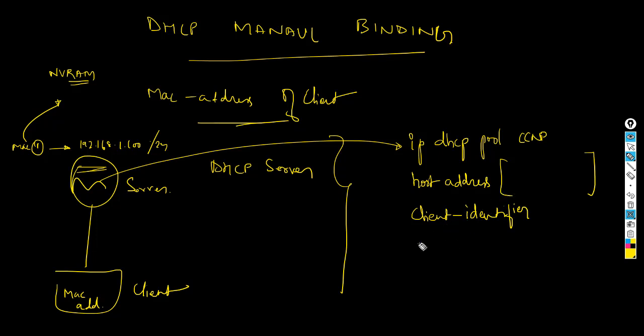And you can just give the client name so you recognize which host you are manually binding. So you can just give that this is host 1 or something. So this is how you are binding the MAC address with an IP address. So this IP will always remain to this client. It's not gonna be given to something else.